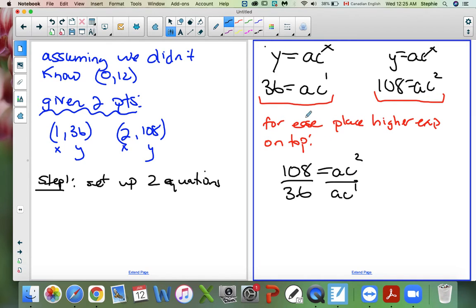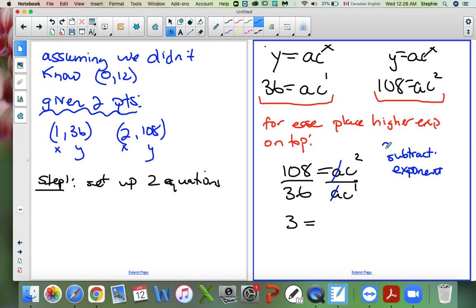So now I'm going to solve by dividing. So 108 divided by 36. This makes 3, I believe. The a with the a cancels out. And now you need to subtract the exponents. Remember, when you divide things with exponents, the exponents get subtracted.